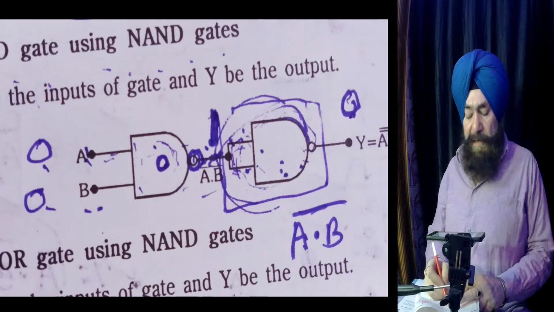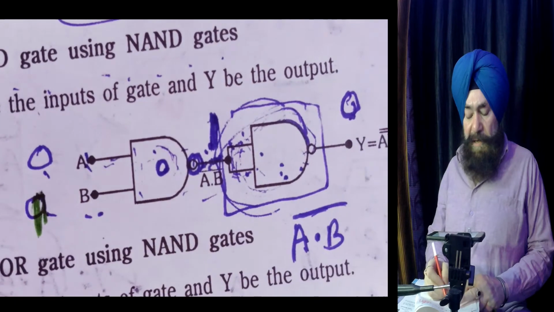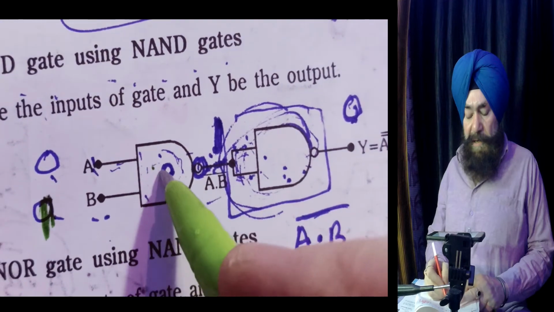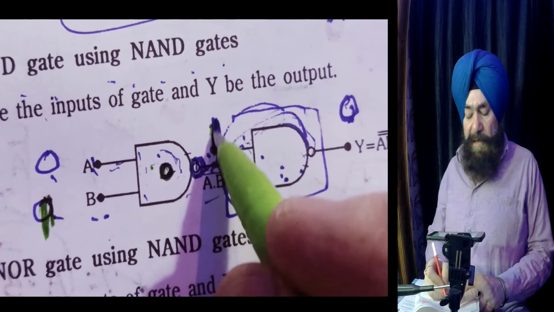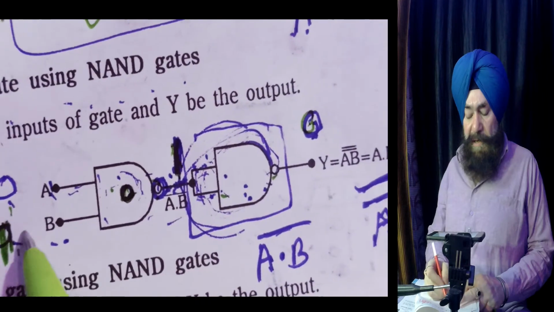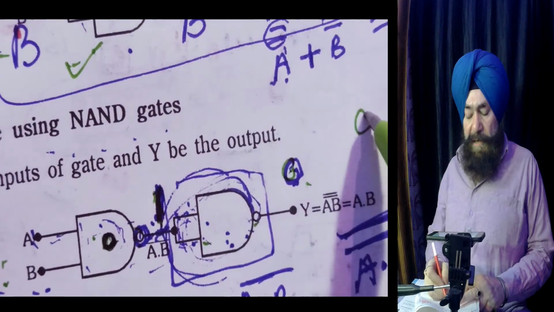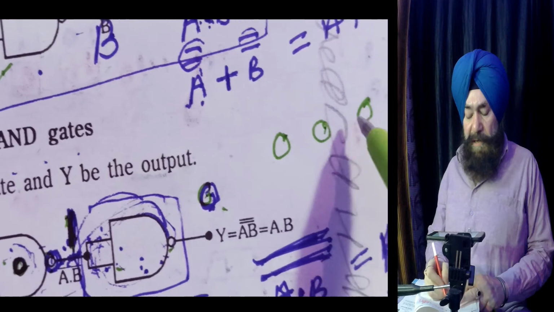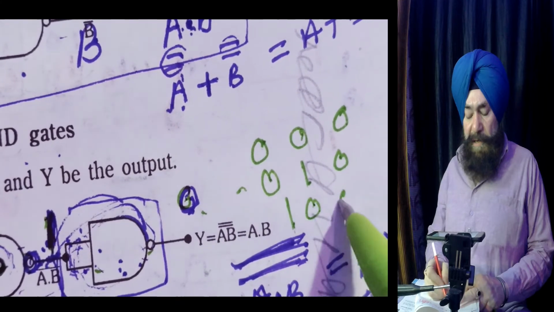Then I prove another logic, 0, 1. 0, 1 AND gives 0. Because of NAND it is 1. 1 turns to 0. So 0, 1 is again 0. So 0, 0 is 0, 0, 1 is 0, and like that 1, 0 is 0.